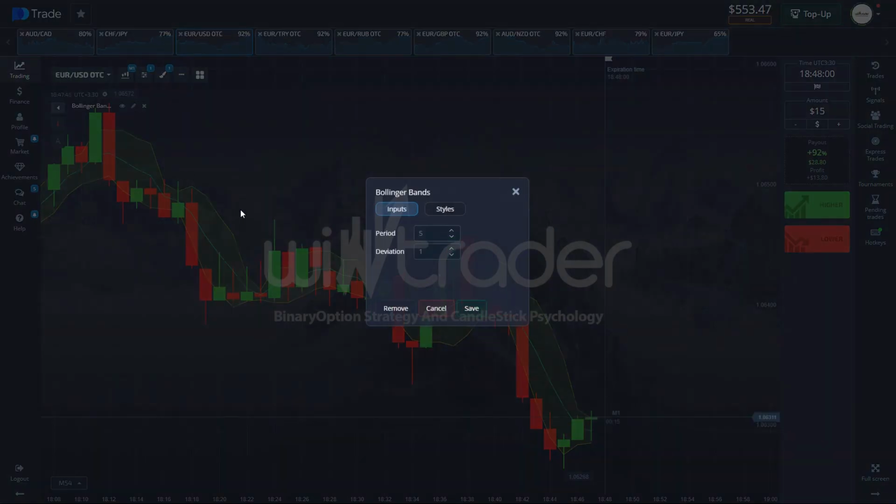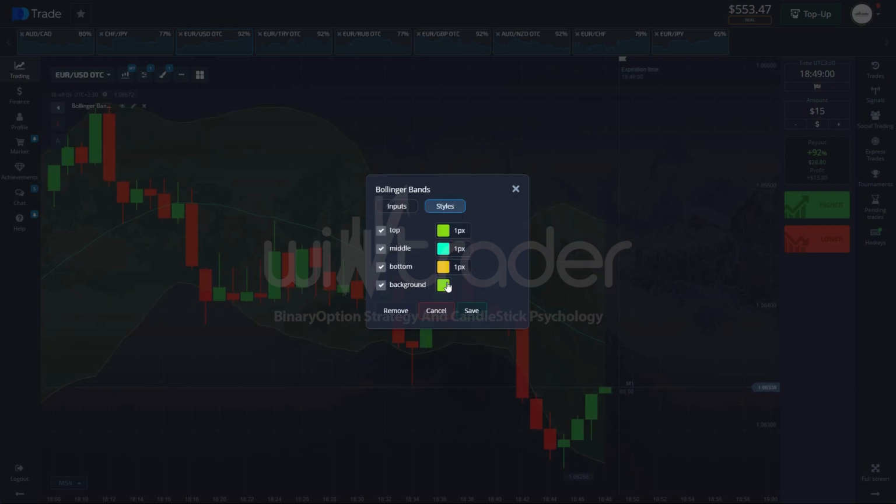We set the period of this indicator to 20 and the deviation to 2. Set the color setting to the desired value. We can remove the background and remove the middle line.